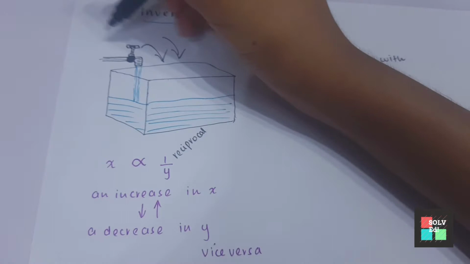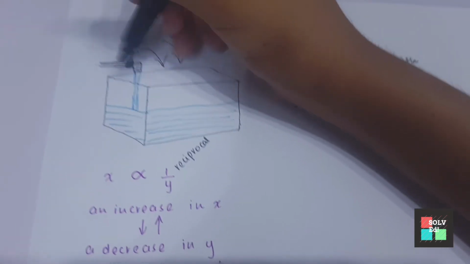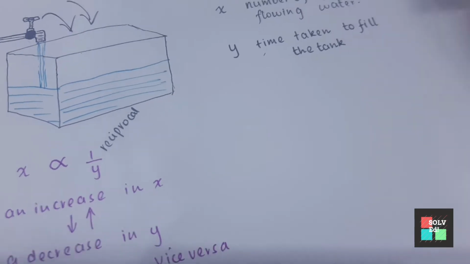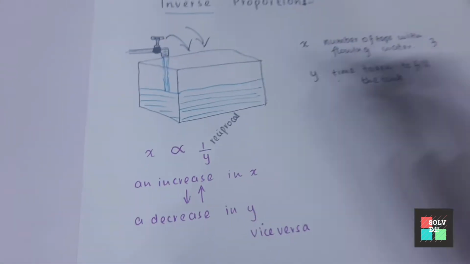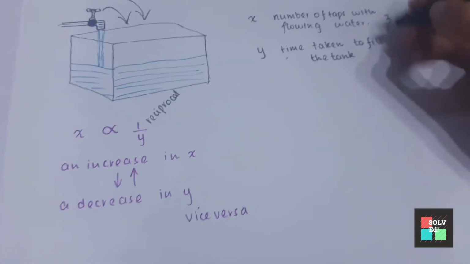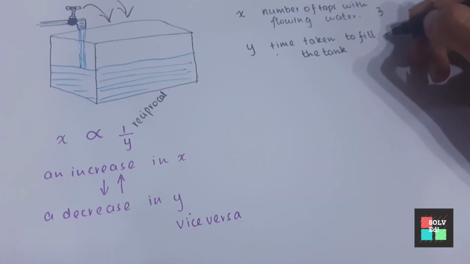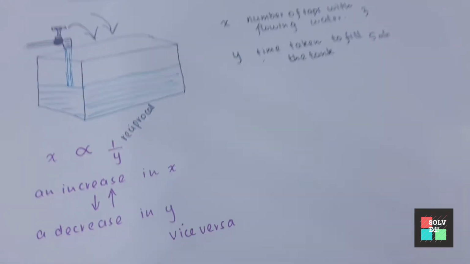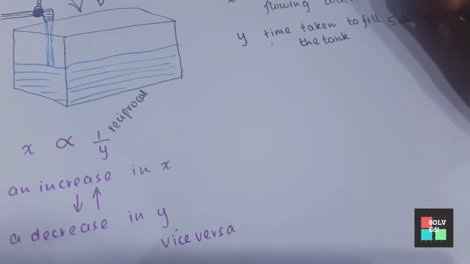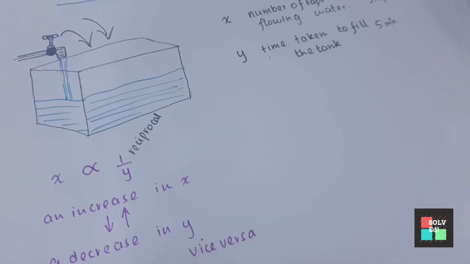Let's say initially there were 3 taps flowing into the tank. x was equal to 3, and the time taken to fill the tank could be anything, maybe 5 minutes. It's obviously a hypothetical example. So 3 taps in 5 minutes.